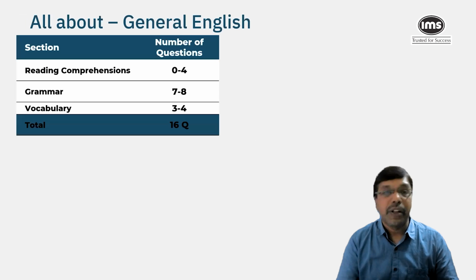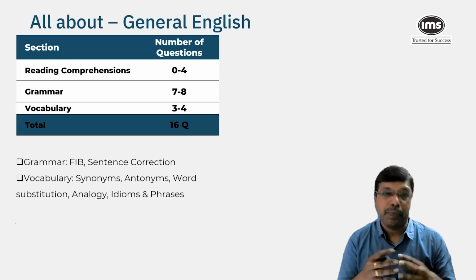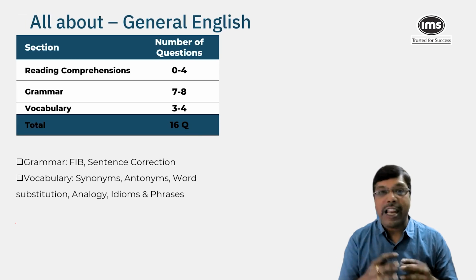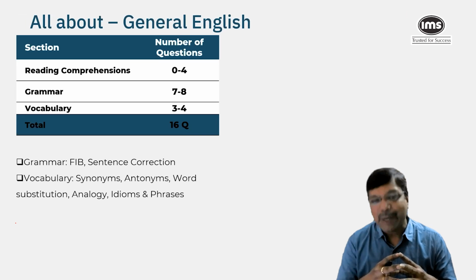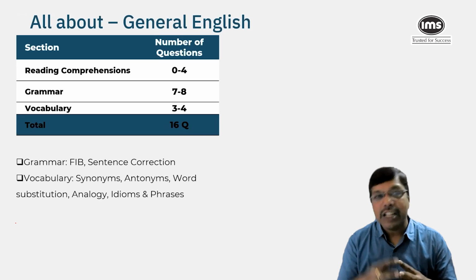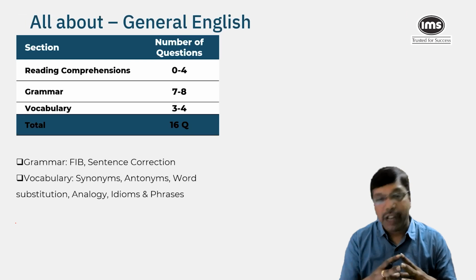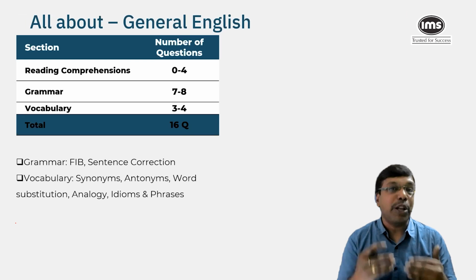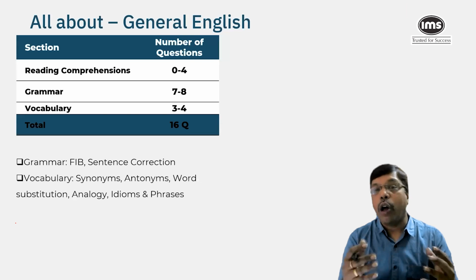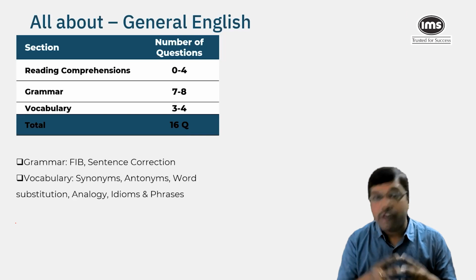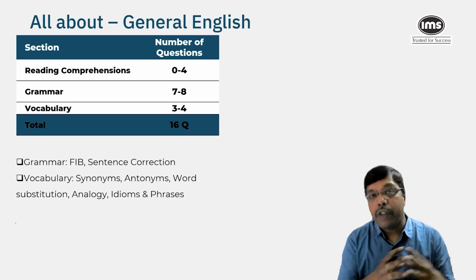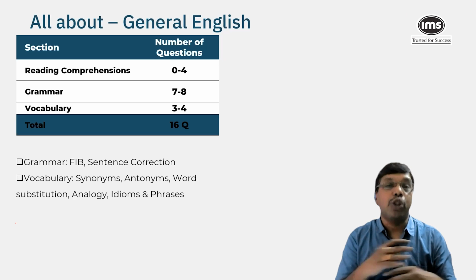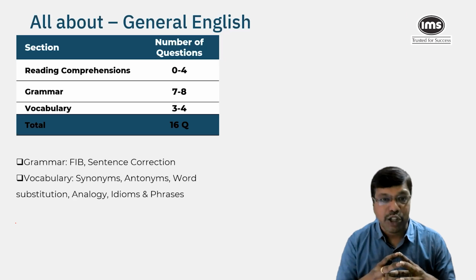To begin with, the general English section has 3 broad areas from which you can expect questions: reading comprehension, grammar, and vocabulary. Over the last few years, SET has been concentrating more on grammar and vocab. For example, there were a couple of years in the past where there was no question on reading comprehension.